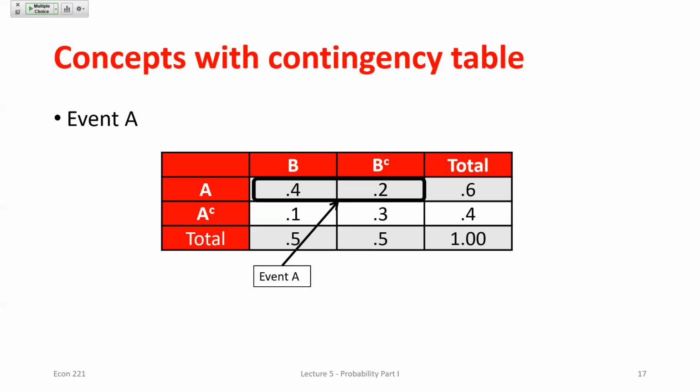Those should just add up to 1, because I've defined it as simply not freezing rain. Any other weather outcome will be contained in this group. So the probability of A and B plus the probability of A and B complement, that's why I can add across the rows, and that just reproduces the probability of A itself, that total.